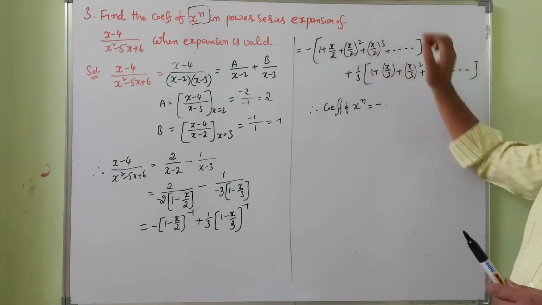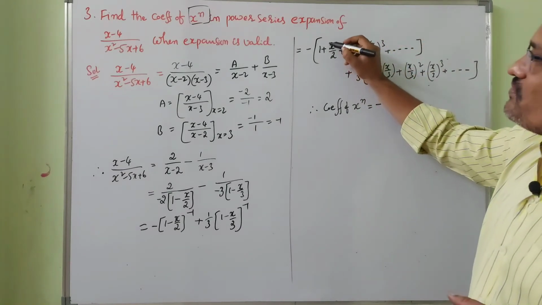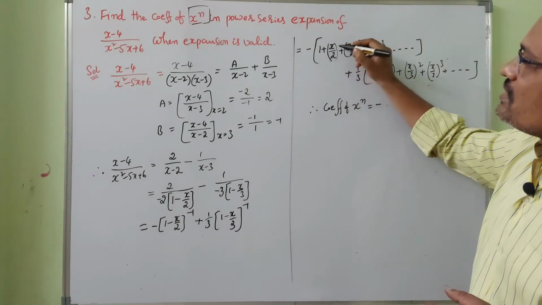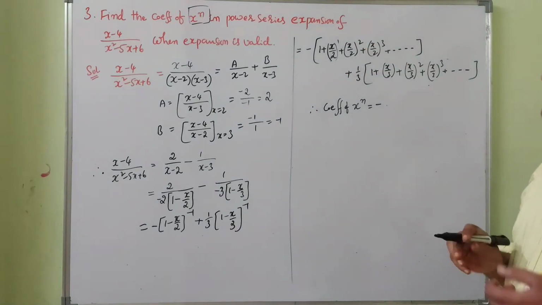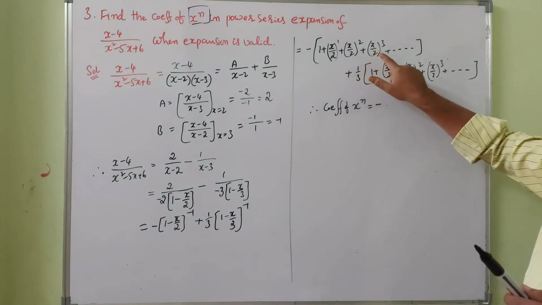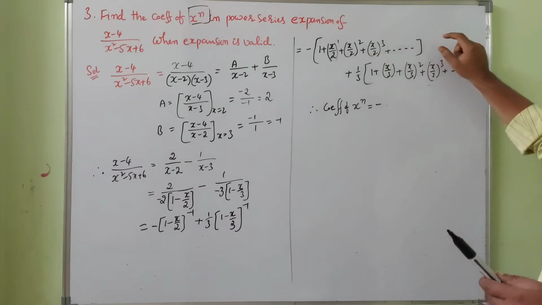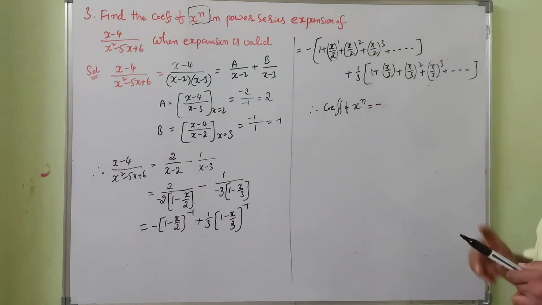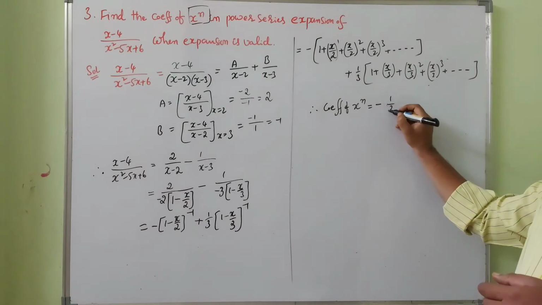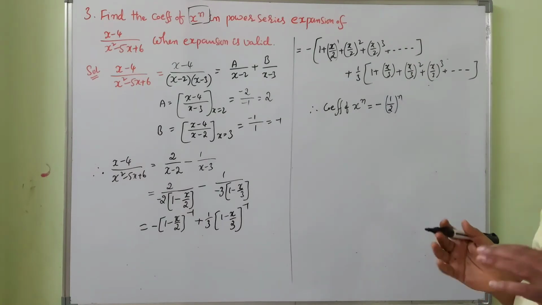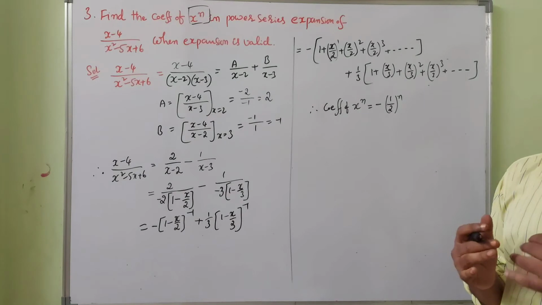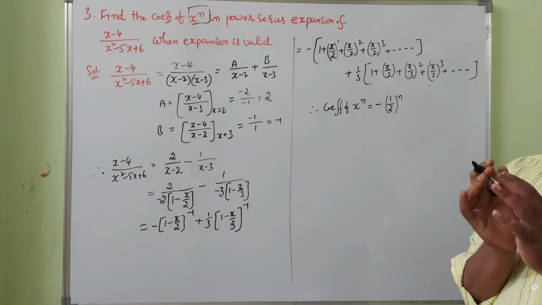If you observe carefully, after 1 you will have x by 2 power 1, then (x by 2) whole square, (x by 2) whole cube. If I continue, what will be the term having x power n? (x by 2) power n. So what is its coefficient? 1 by 2 power n. Coefficient of x power n means don't write x power n in that term, write the remaining thing.